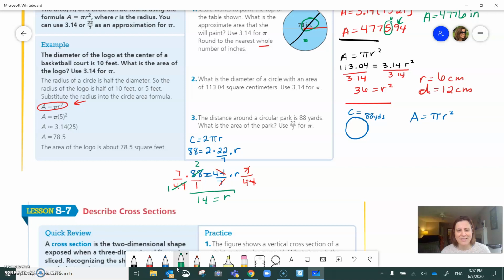Okay, so the radius of the circle is 14, so to find the area, you gotta multiply 14 times itself, which I think is 196.